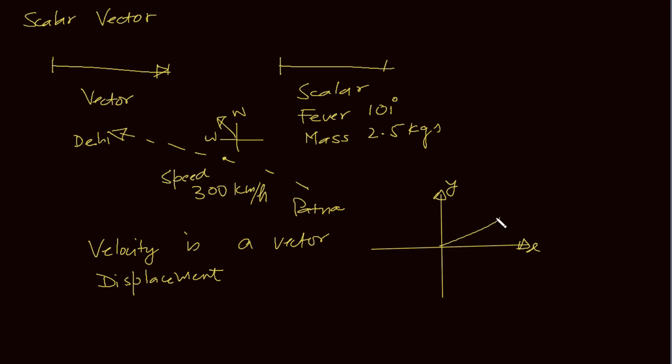So 1 meter in this direction is different from 1 meter in this direction when we talk about displacement. So that gives you a good idea of scalar and vector. I'm sure you are very familiar with this.